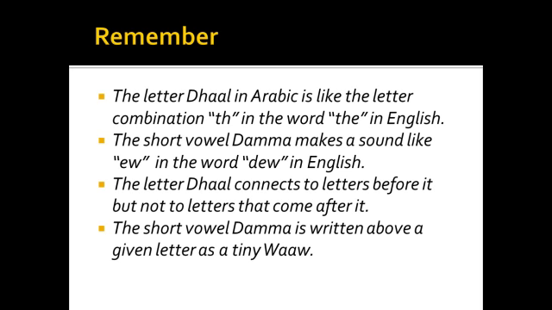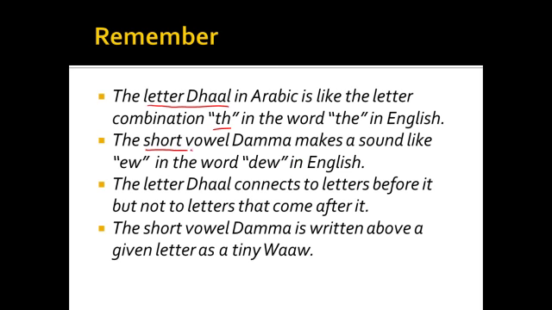Okay, let's recap what we've done so far. So the letter Dhaal, here, the letter Dhaal, in Arabic is like the letter combination TH, as in the word the in English. Not the TH as in the word thing. Remember, that's the tha, which is a letter we covered already.